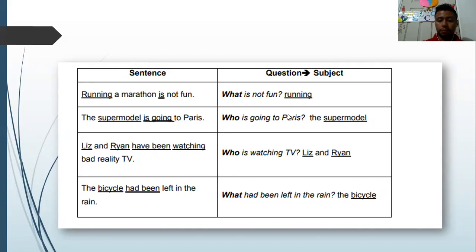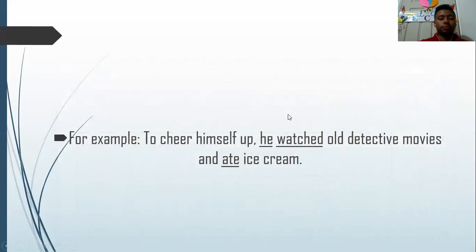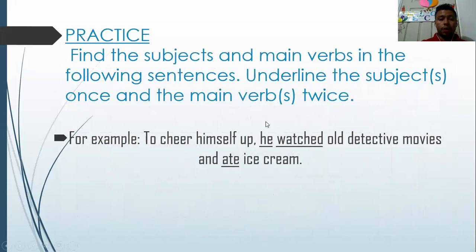Next one. For example, to cheer himself up, he watched all detective movies and ate ice cream. Now what we have to do in this practice, any volunteer? Genesis, help me, please. I know you wanted to participate.